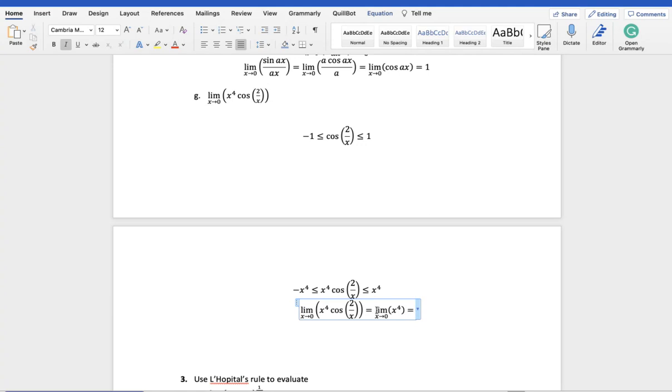And when you find that limit, you'll find that it's just equal to 0. So therefore, you can conclude that the limit as x tends to 0 of x to the 4 times cos of 2 over x is also equal to 0.